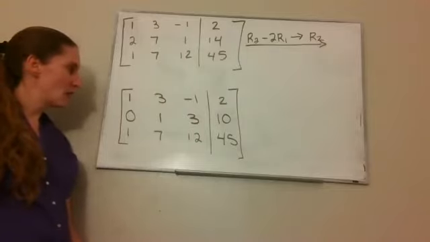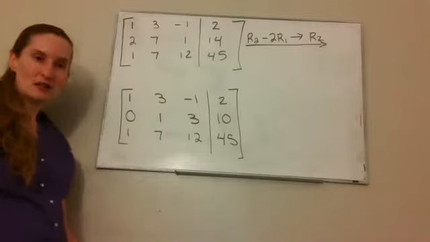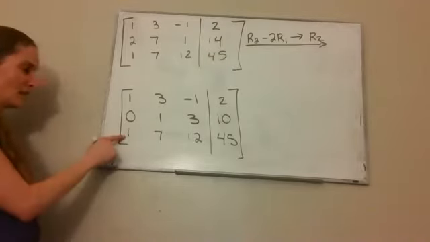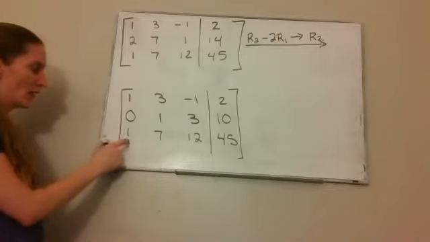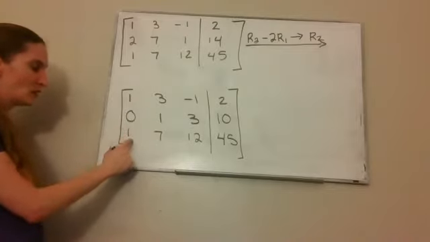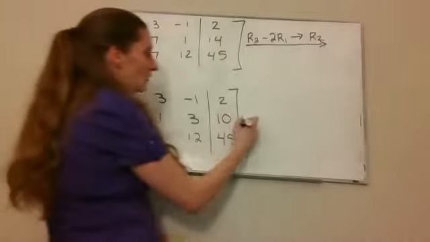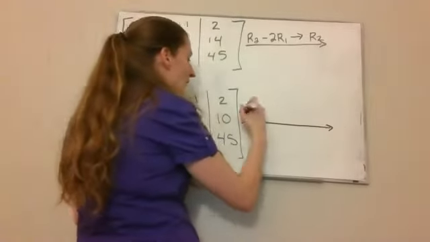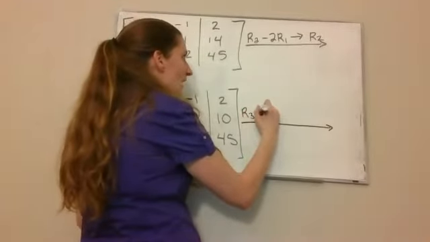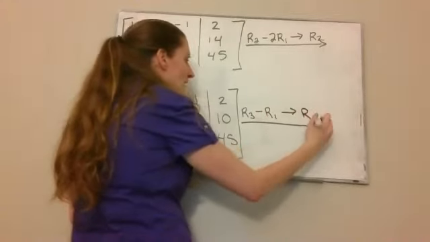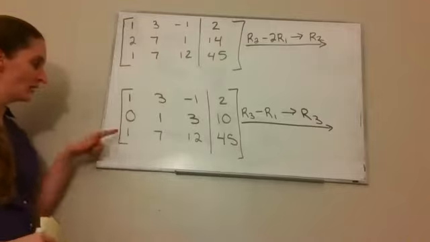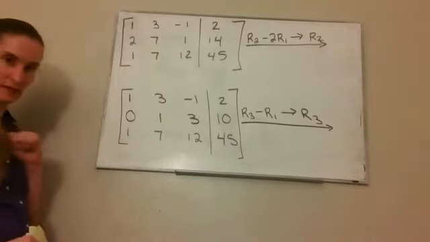Now notice though, I still am not done because I still have this guy that needs to be a 0 underneath my leading 1. So how can I turn this guy into a 0? Well, I can do something very similar. My row 3, I can subtract row 1 and store that in row 3, because 1 minus 1 will get me a 0 down here.